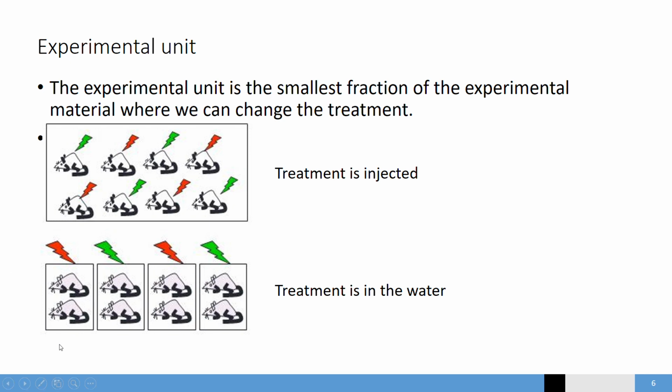But if, for instance, the treatment is given in the water and animals are in pairs within the cage, then you cannot decide that one animal in the cage will have a treatment and the other animal will have a different treatment. So the treatment is given to the cage and the experimental unit is the cage.